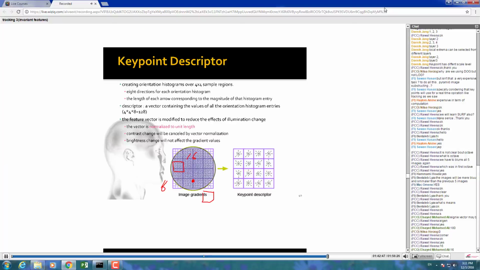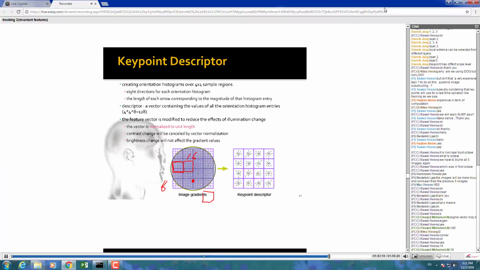So how many pixels does every cell include? 16. Yes, exactly, 16, right? So the first cell has 16 pixels. The second cell has another 16.